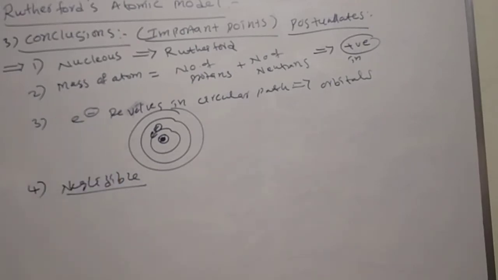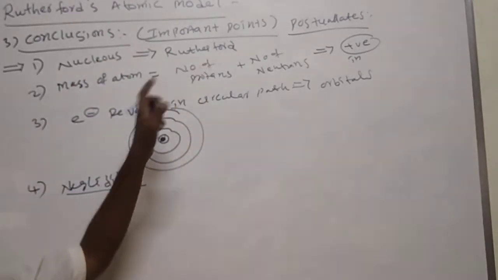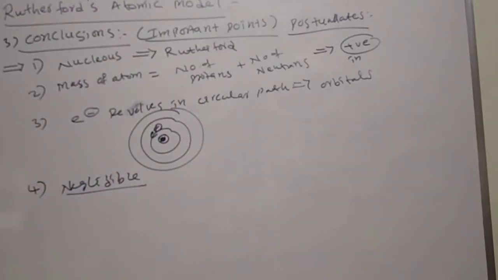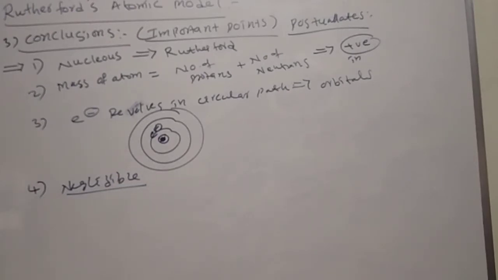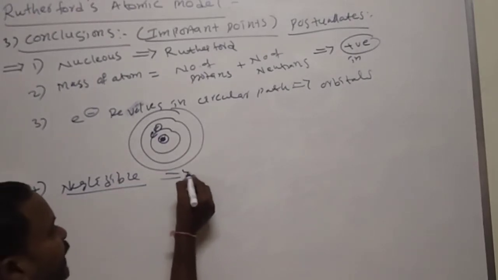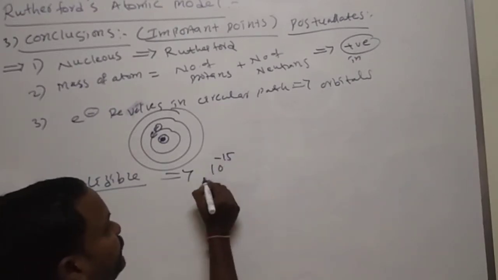These are the important points. Important conclusions in the Rutherford atomic model. What is the first one? He explains about the nucleus. In the second one, he explains about the mass. And third one, he explains about the electrons. And fourth one, he explains about the atomic volume of the nucleus. The atomic volume of the nucleus is 10 to the power of minus 15.